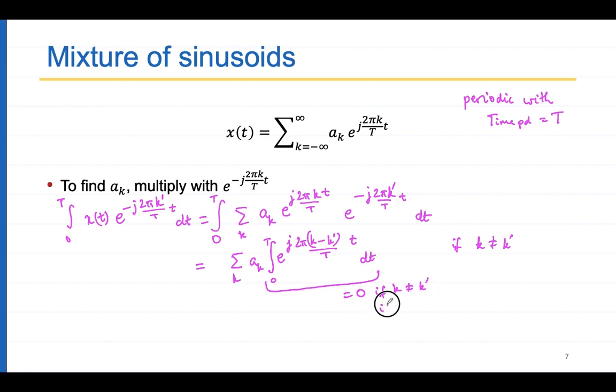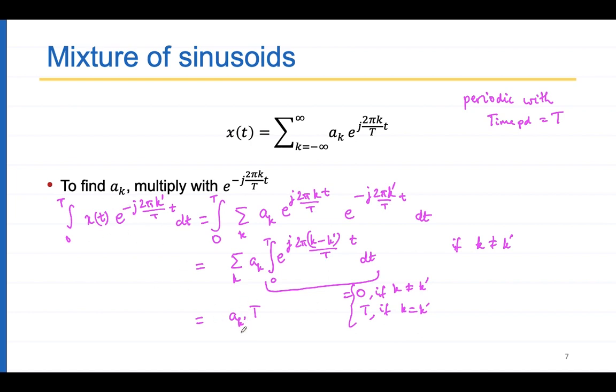However, if k is equal to k dash, then this part will become 1 and integrated over 0 to capital T, it will become capital T. So this will be 1 if k is k dash. So this becomes ak dash times capital T, and in this way I have gotten the value of ak dash.